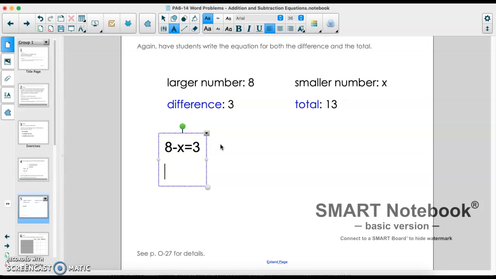Or we could say our larger number plus our smaller number is going to equal 13. And so in both of these cases, hopefully we can see that the missing number is going to be 5. And so that's just a way to look at differences and totals in terms of equations, because you're going to need to be doing that in your workbook.